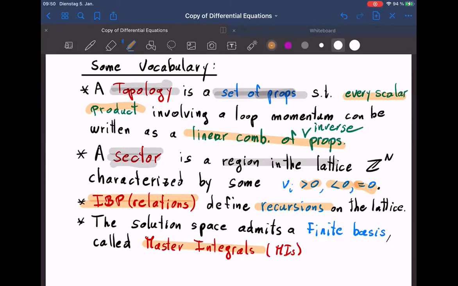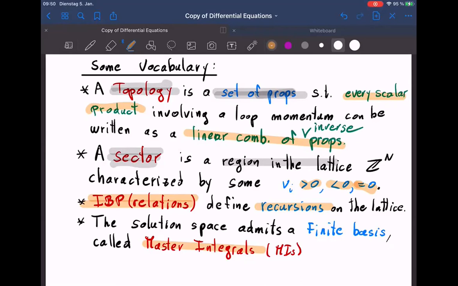What do you mean infinite? In the sense that the number of propagators grows. We generate this k to a different power in the denominator with the IBP. So I don't see really how the recursion relation closes. It seems that we generate something new.